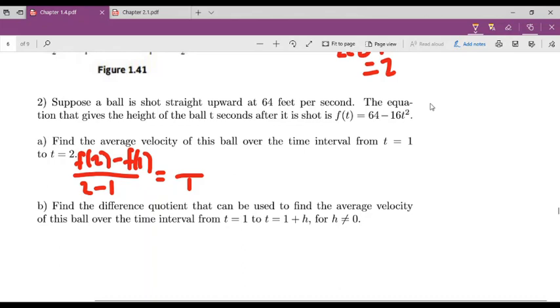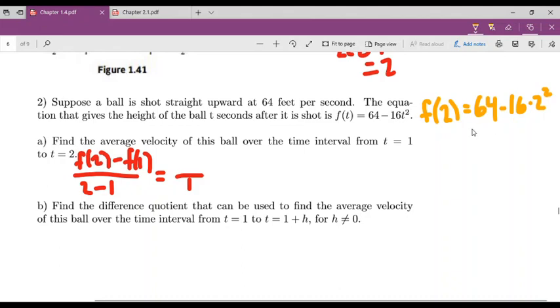So come over here, f of 2, that's going to be 64 minus 16 times 2 squared.